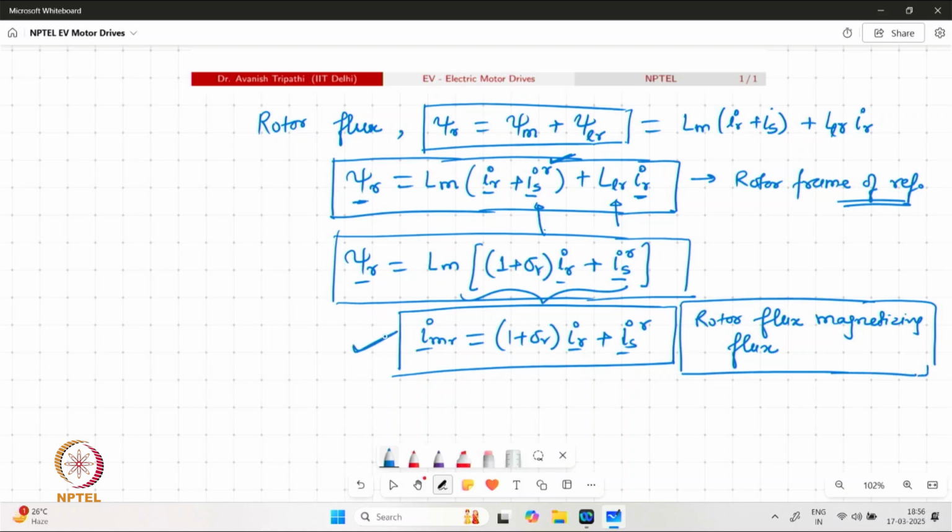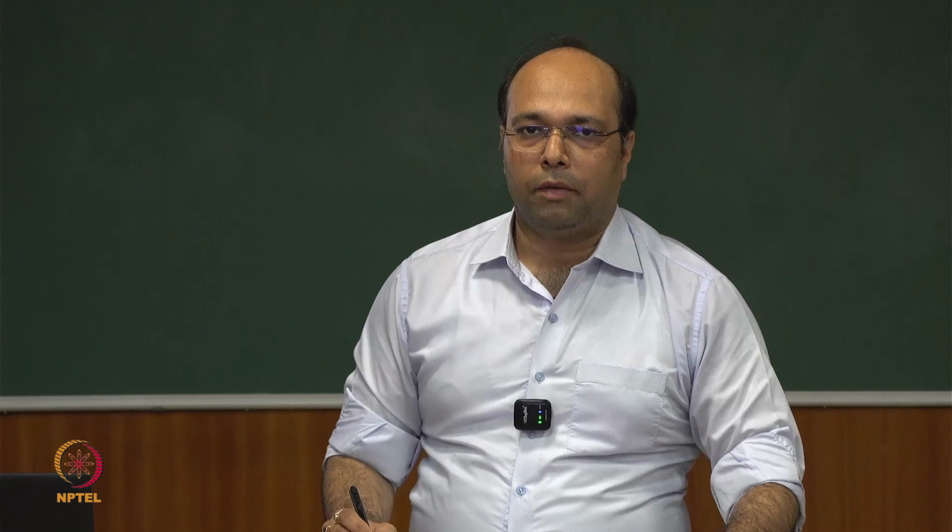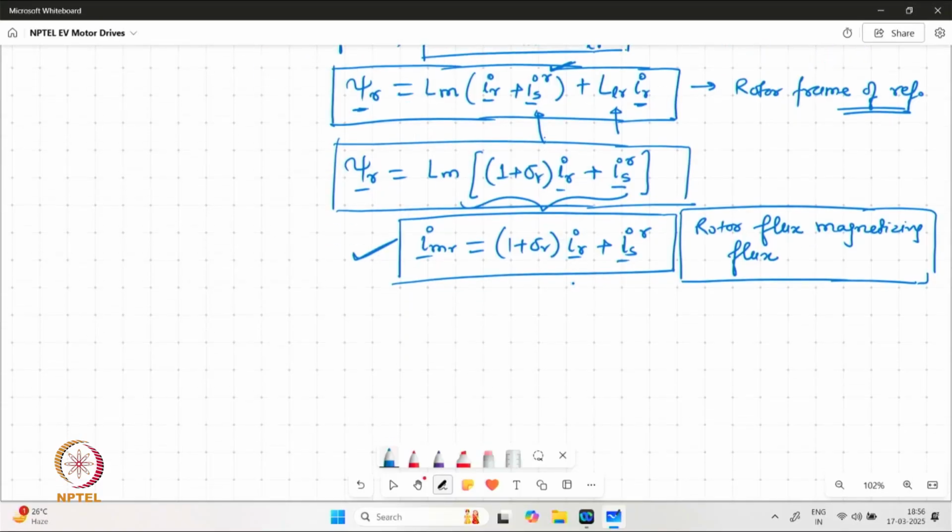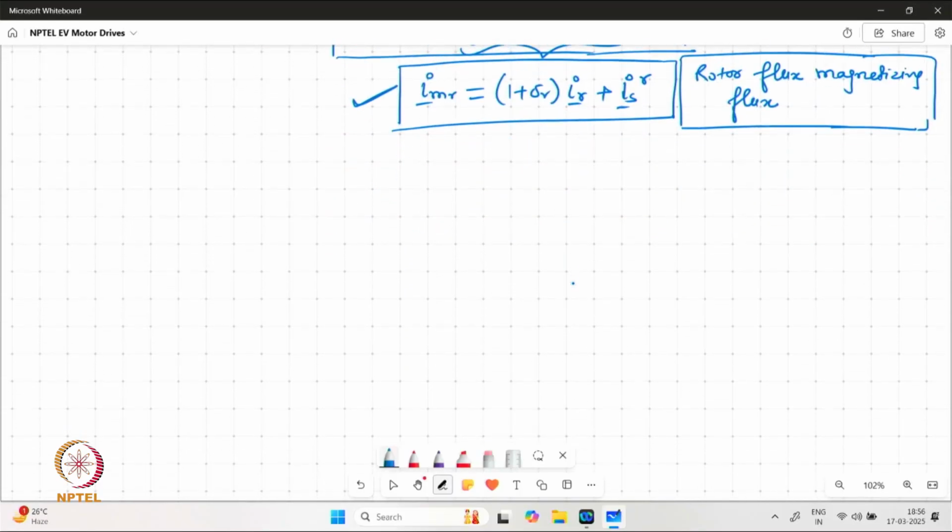So rotor flux magnetizing current plays a very important role in our derivations, and when we are trying to develop the control, it is a very essential quantity. Now psi r can be written in a compact manner using Imr and Lm in this fashion.